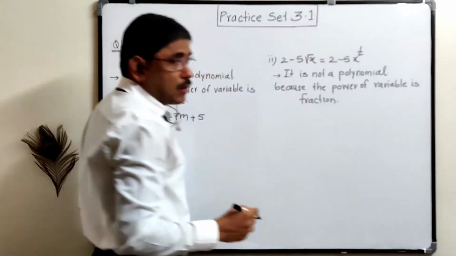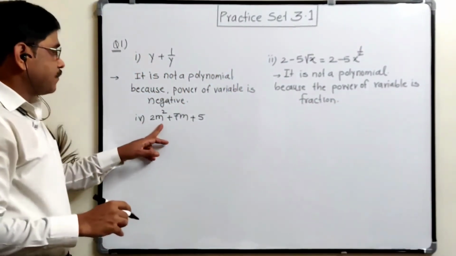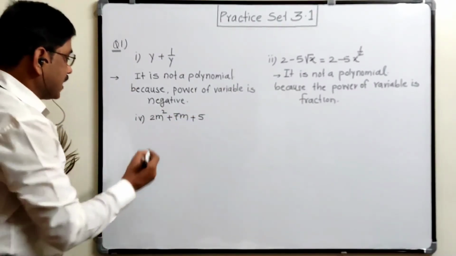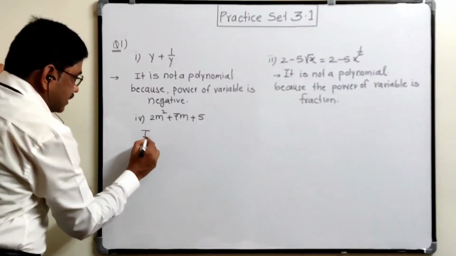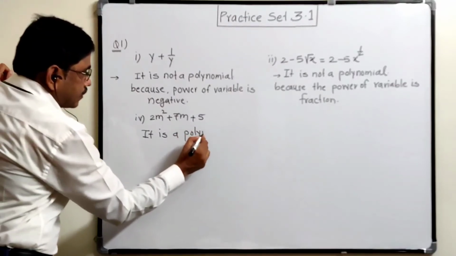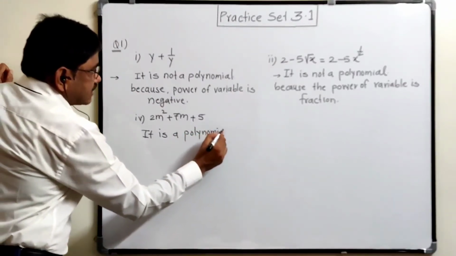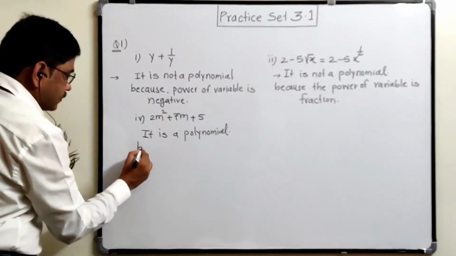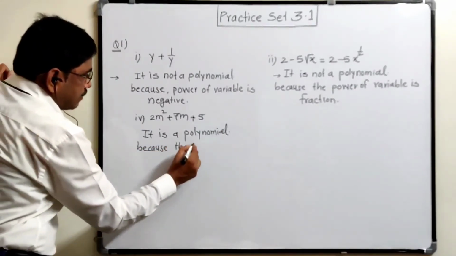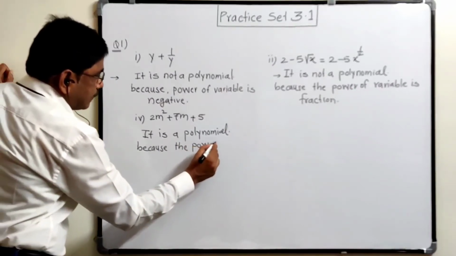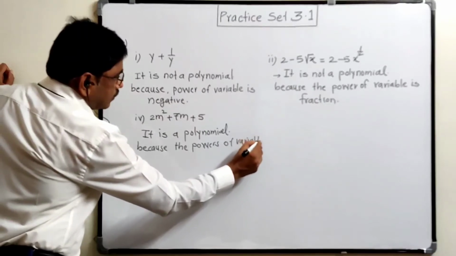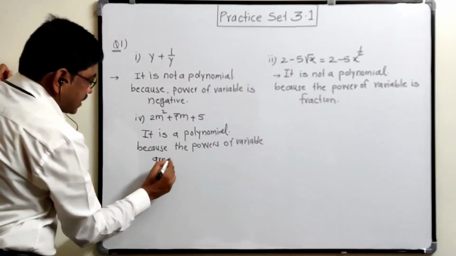and whenever it is a polynomial, no need to write the reason. So here the power is 2, 1, 0 means it is a polynomial. Here in third example, it is a polynomial. We can justify our answer because the powers of variable are whole numbers.